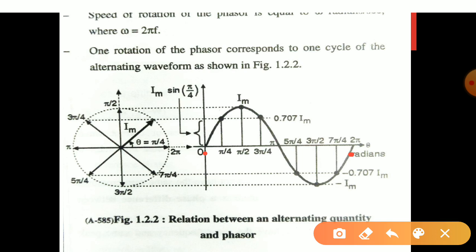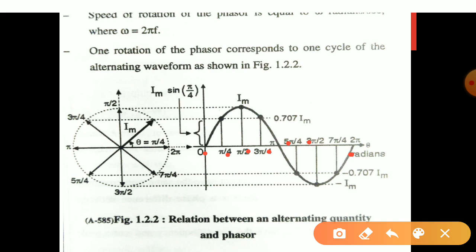So while drawing the phasor, we will draw different angles, that is theta at pi by 4, pi by 2, 3 pi by 4, pi, then 5 pi by 4. These thetas are different angles, and the magnitudes are different. Pi by 4 means 45 degrees.